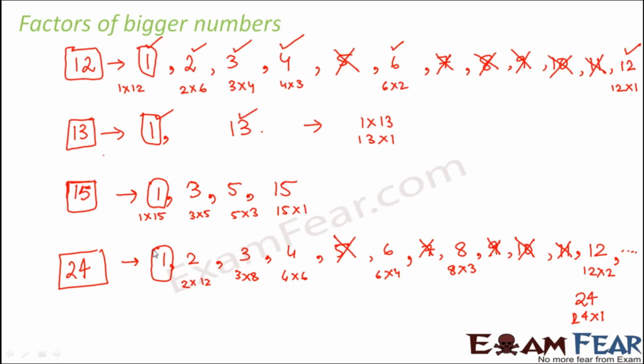And another observation is that the number itself is also a factor of that number. You see, 12 is a factor of 12, 13 is a factor of 13, 15 is a factor of 15, 24 is a factor of 24 and so on. So that means that 1 and the number itself, these two are factors for every number.